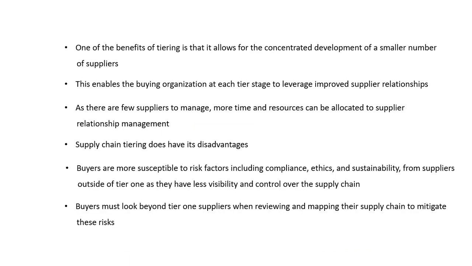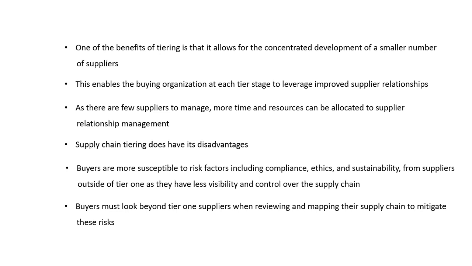One of the benefits of tiering is that it allows for the concentrated development of a smaller number of suppliers. This enables the buying organization at each tier stage to leverage improved supplier relationships. As there are few suppliers to manage, more time and resources can be allocated to supplier relationship management.